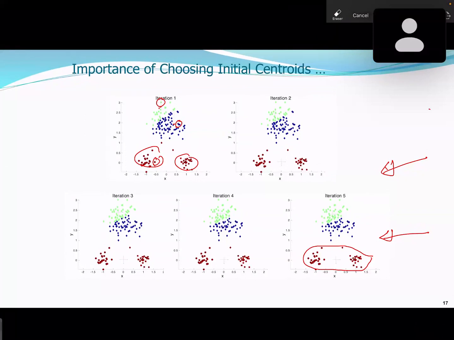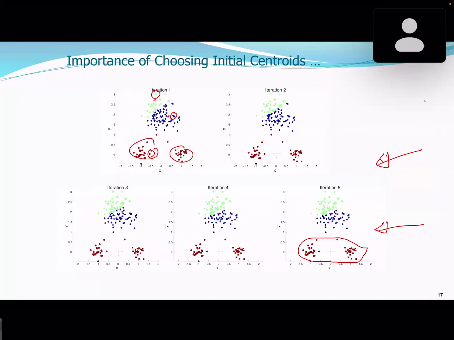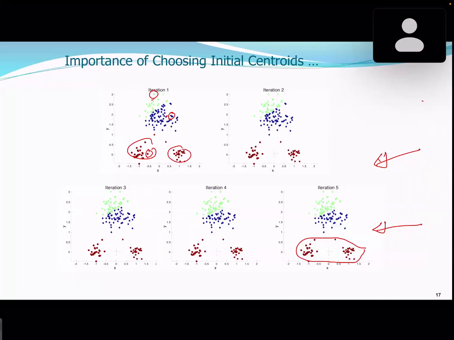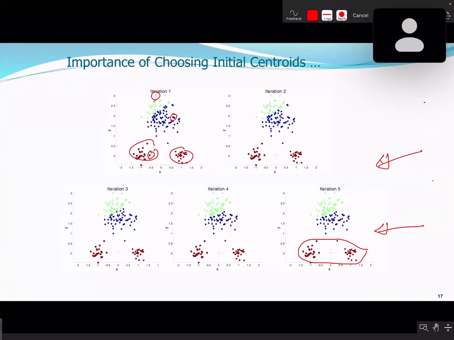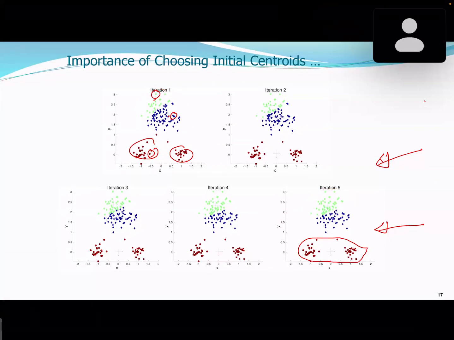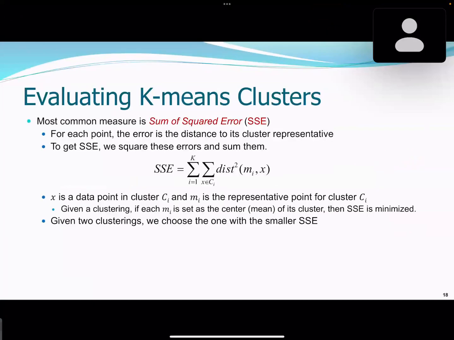And this big cluster here is split into 2 by k-means. So this clustering result is not as good as the one that we got in the previous example. What I'm trying to show is that depending on the initial set of centroids that you pick, k-means would give you a different clustering result.